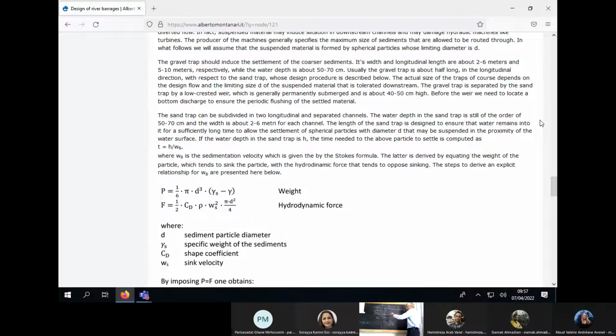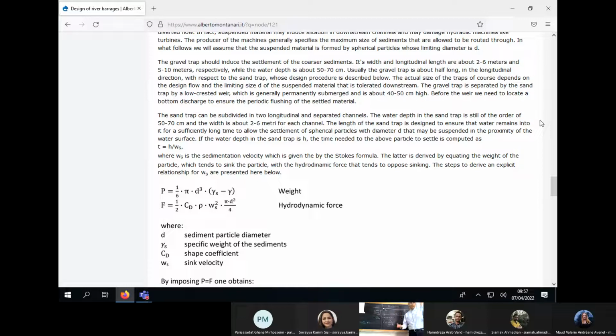What we do is assume that there is a particle located at the entrance of the sand trap, at the water surface. Then we check if this particle has enough residence time to get to the bottom of the sand trap. We know that the motion is parabolic, because this particle has the same velocity as the water, but it is subjected to self-weight, to gravity.